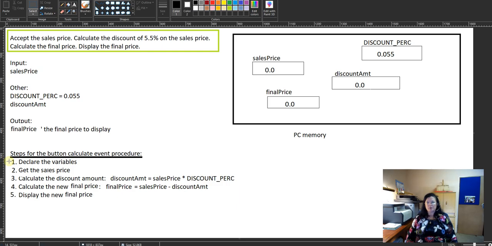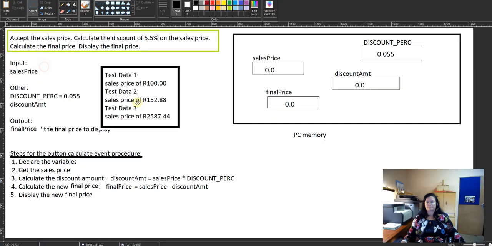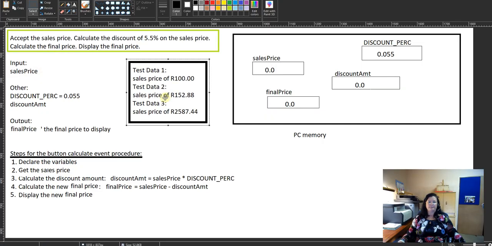Step 2, we're going to ask the user for the sales price and get that. So let's say this would be my test data, and let's go with the first set of test data.